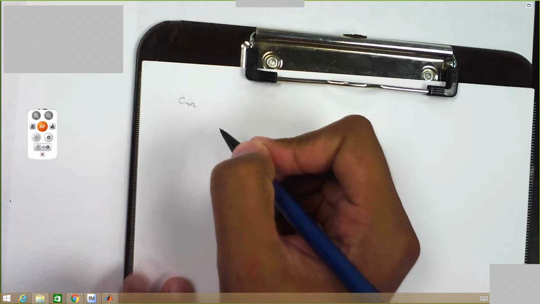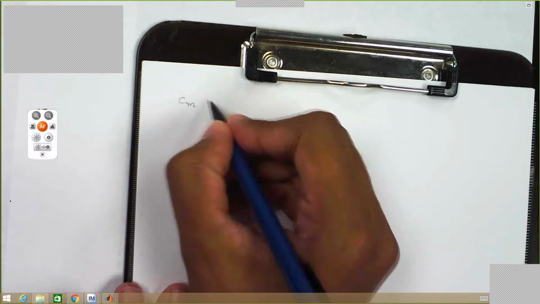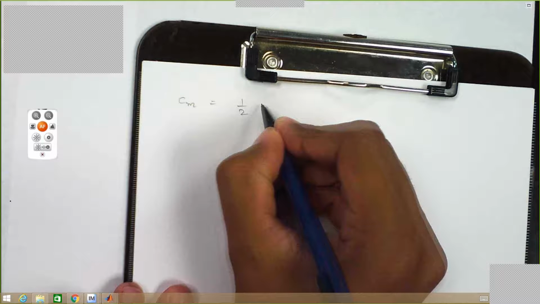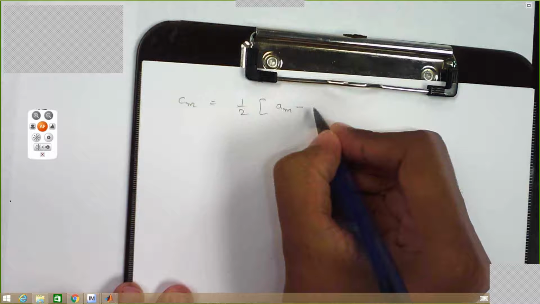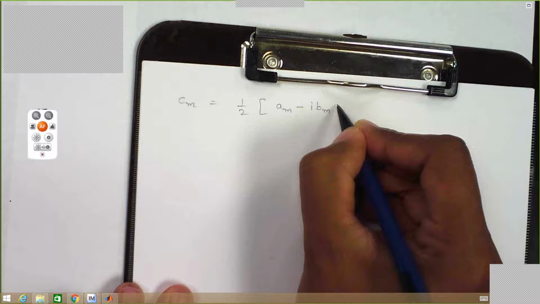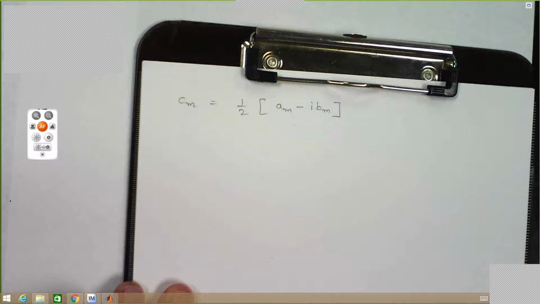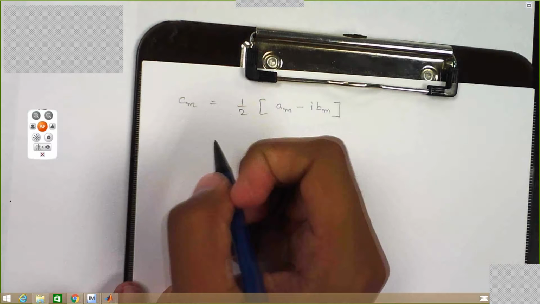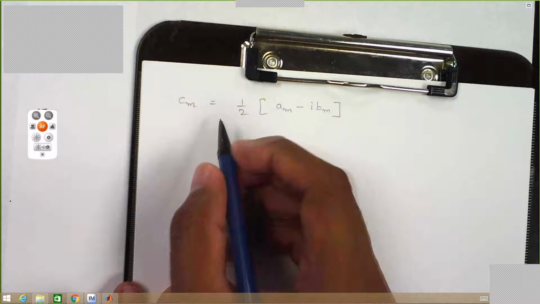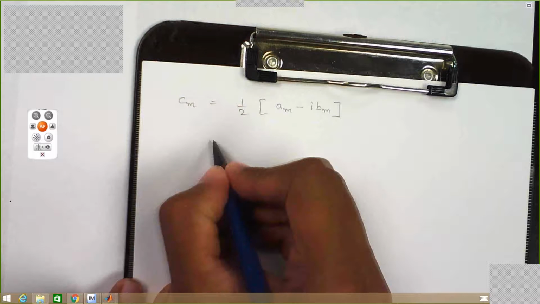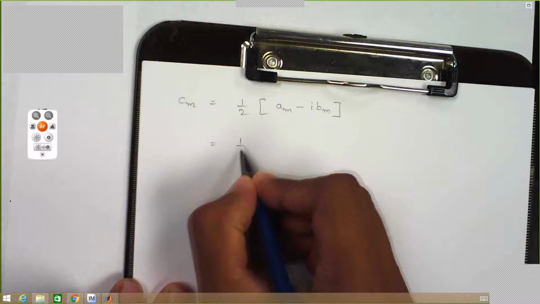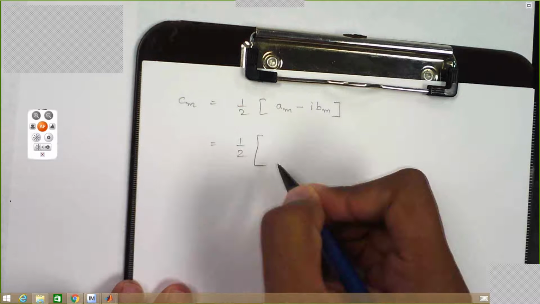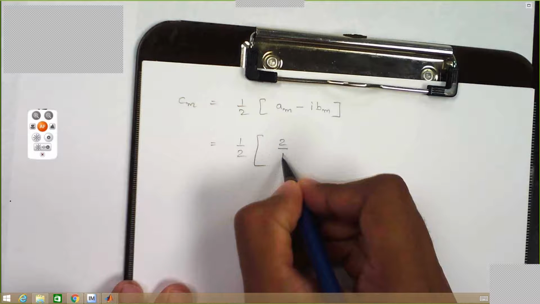Cm is equal to half of Am minus i Bm. Now, we know the expressions for Am and Bm, we just derived them, so we just substitute those.